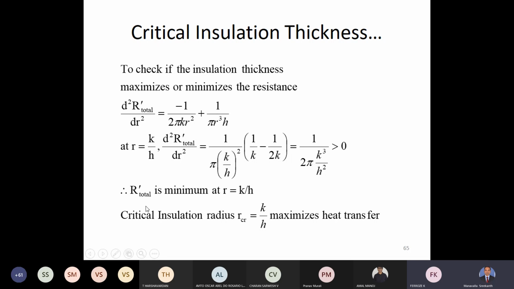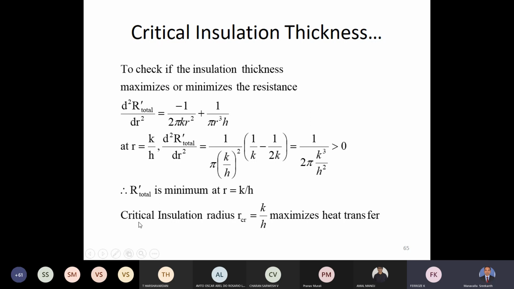So at this value we have a minimum resistance. When the overall resistance is minimum, we will have the maximum heat transfer. Fortunately we are able to come up with a simple equation which will estimate what radius of insulation should be installed so that the person is protected from shock and from burn, and still the heat transfer is maximized.